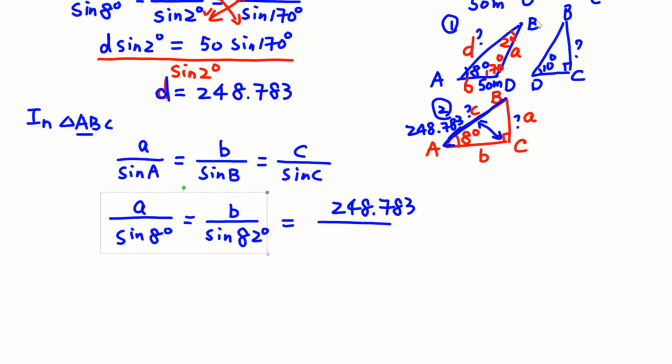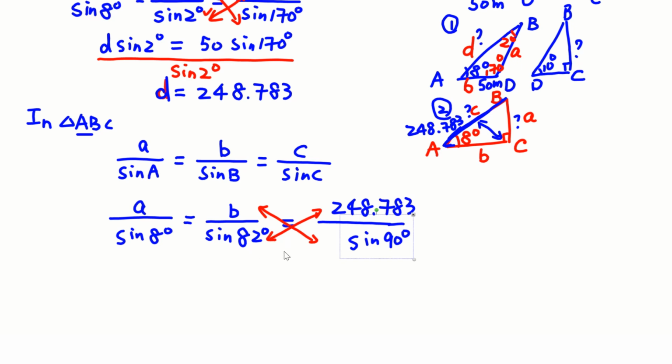This is the common side AB. Then divide by sine angle 90 degrees. So cross multiply, we use the second and third ratio to solve for it. Or you could just move the sine 82 to the other side and multiply, because B is at the numerator.